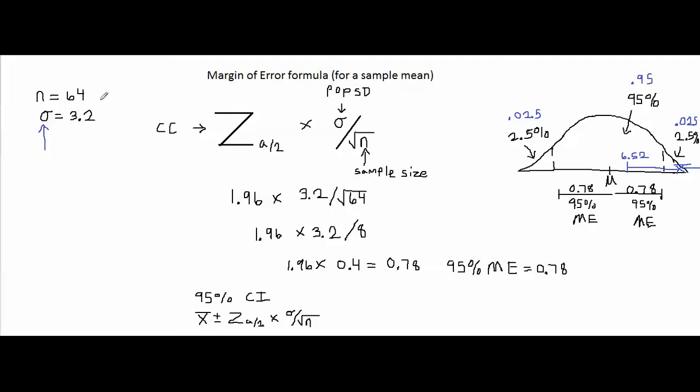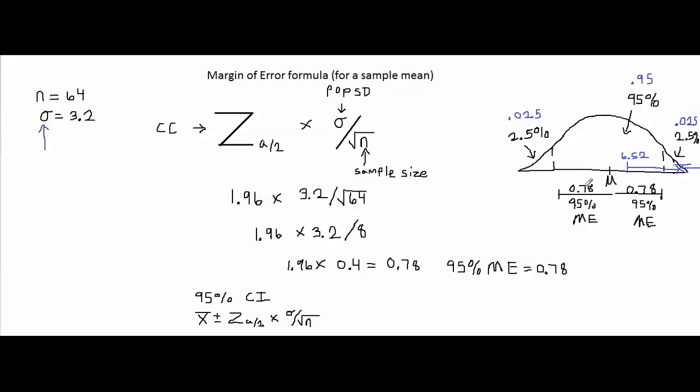And actually, the larger I raise my sample size, the smaller this margin of error will become, because this middle area will keep shrinking. These two boundary points will end up moving closer. This boundary will move closer and closer to the population mean. And this margin of error will shrink.